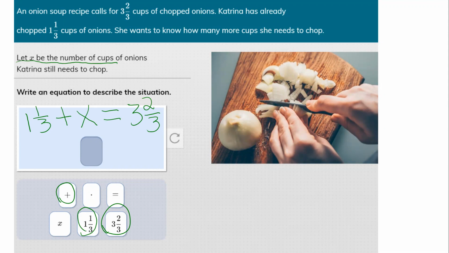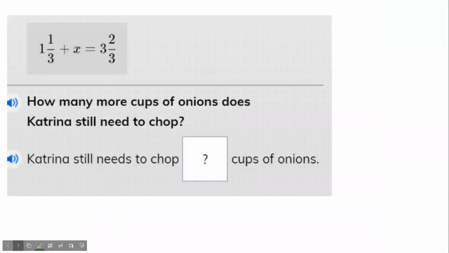And that's not the only way to solve it, of course. That's just one way to write the equation. We could also start with the number of onions that she has, right? And subtract out what she's already cut and know that that's going to be how many she has left over, right?